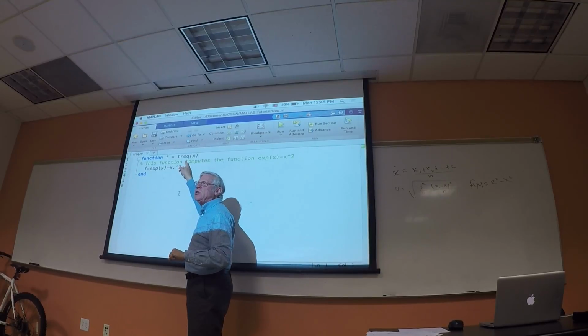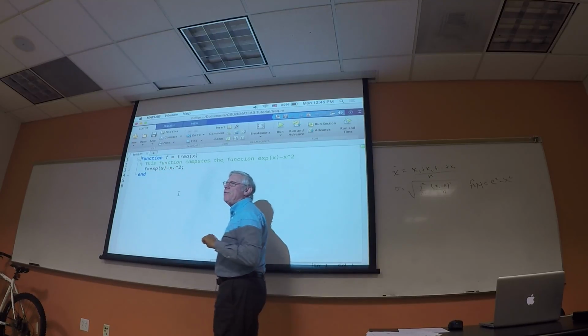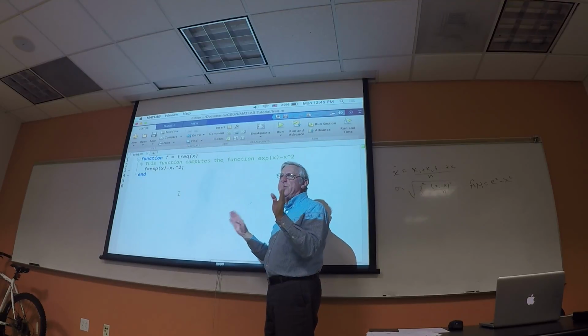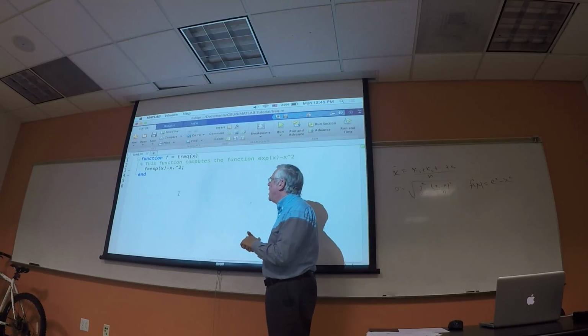It wants to go in there once and calculate the function f at those 10 values all at once. So you have to write this in what's called a vectorized form. The documentation tells you very carefully that you have to do that, and if you look at the examples, you'll see that.